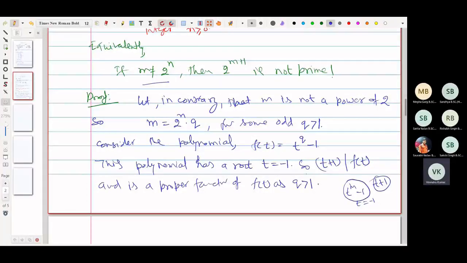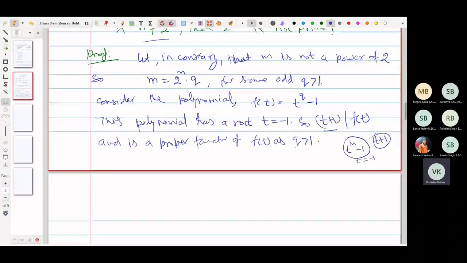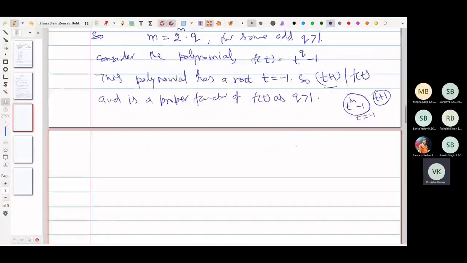Okay, this is the power 1, right, and q is greater than 1, so this should be a proper factor. It is not like that t plus 1 is going to be the same as t minus 1. All right, this is the only factor.